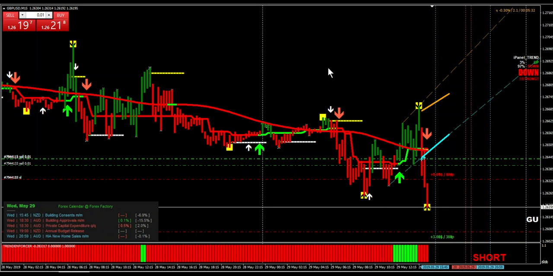Nobody wants to have that after a winning trade, not after being up in profit and then ending up having to close for a loss. Nobody wants that. That's more frustrating than anything.